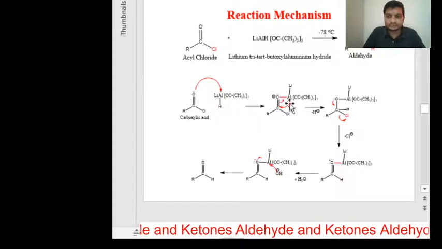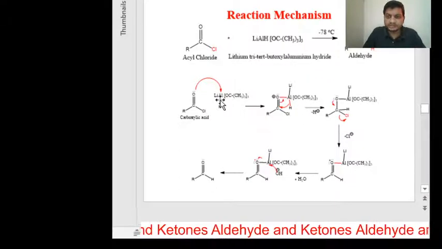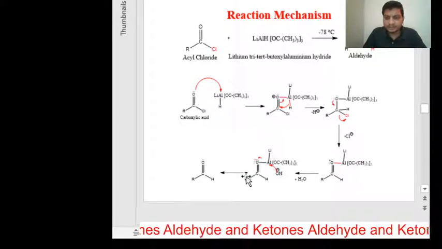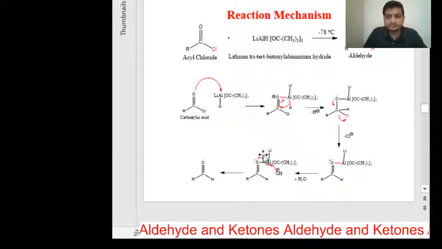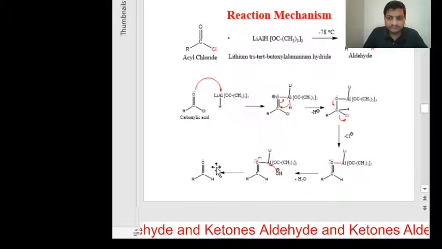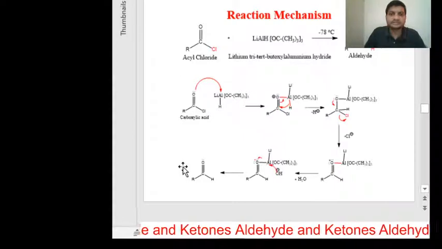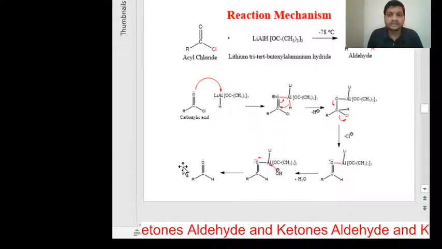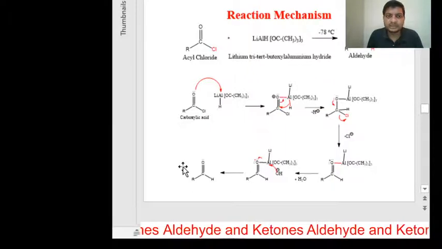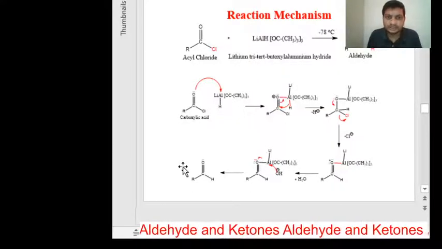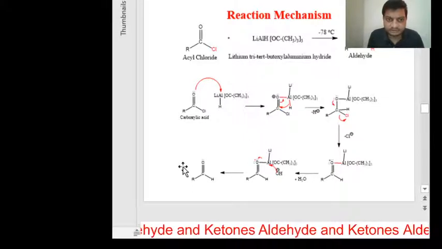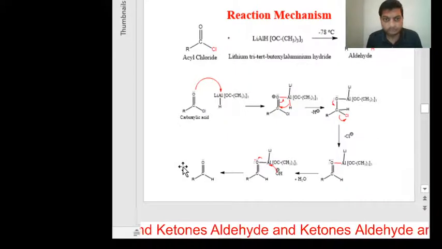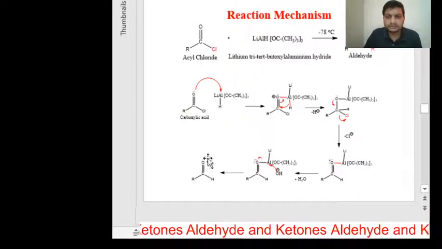The hydride is shifted from the complex to the acyl chloride, and after hydrolysis of this complex we get the respective aldehyde. So we can synthesize aldehyde from the acyl chloride by using the lithium tri-tertiary butoxy aluminum hydride. In this reaction, hydride transfer is the most important step, followed by hydrolysis using a water molecule. So this is the mechanism of the reaction.